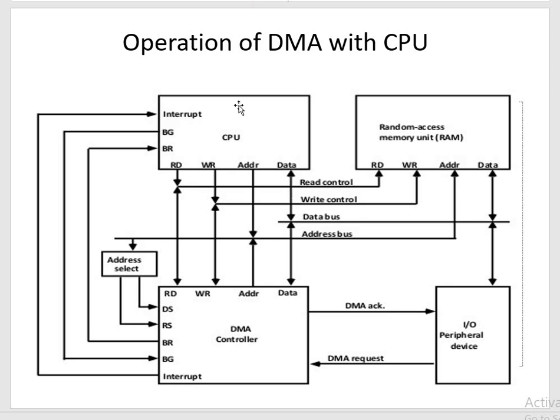Once the CPU receives the signal, it resumes control of the address, data and control lines, which were earlier handed over to the DMA. Then it starts its own operation and its own function.